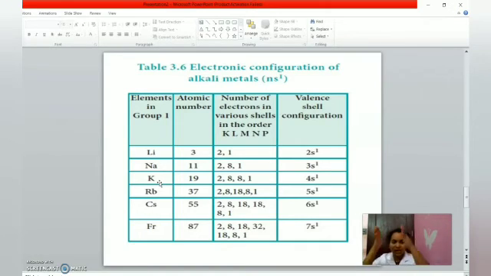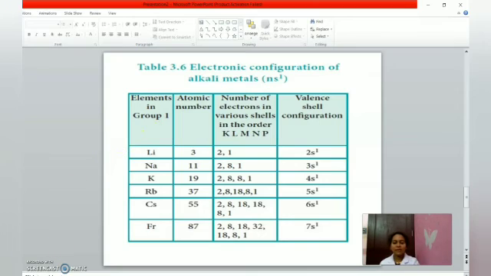For example, you can see s1, s1, s1, s1, s1, s1. So these elements have the same properties, because the valence electronic configuration is the same, so they will be in one group. This is the property of elements in a group.